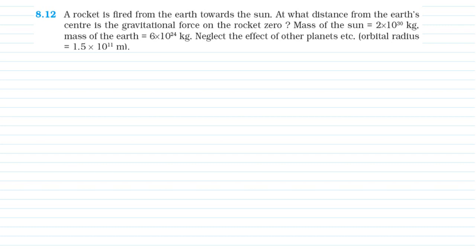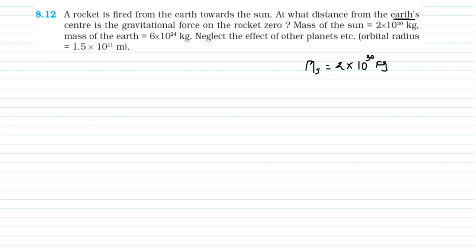Now 8.12, a rocket is fired from earth towards the sun. At what distance from the earth's center is the gravitational force on the rocket 0? The mass of the sun is given, the mass of earth is given. Okay, we will write down mass of the sun, that is 2 into 10 raised to 30 kg.